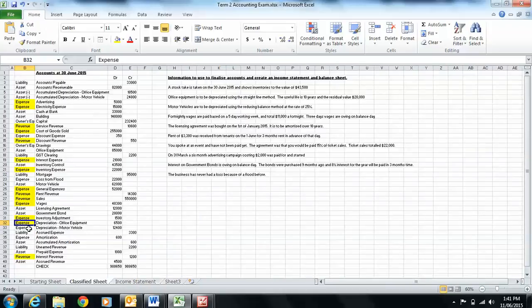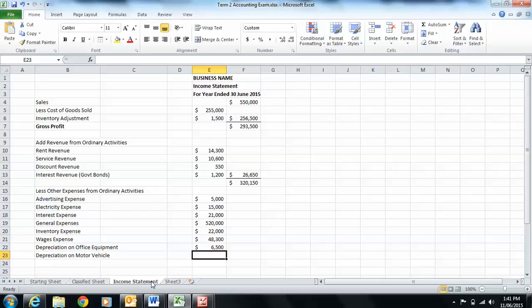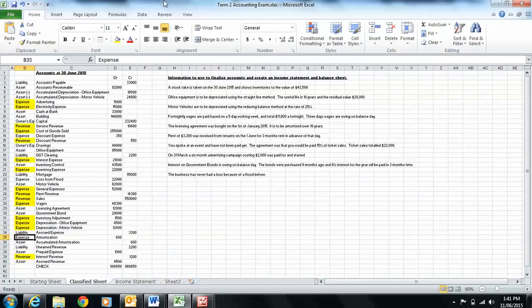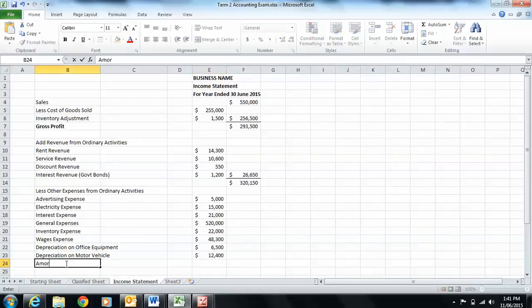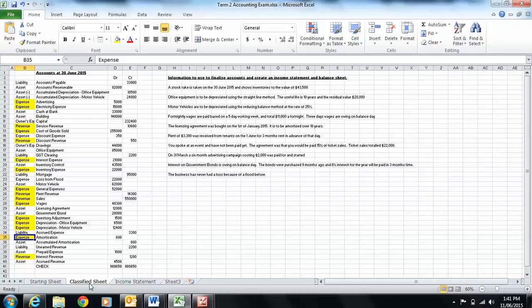Depreciation on the motor vehicle is $12,400. Amortisation expense is $600, if I've remembered rightly. So it doesn't look like we've got any other expenses except this loss from the flood that we know is not an ordinary one. Oh, and there's a discount expense of $350.